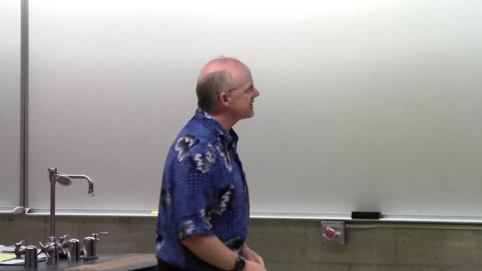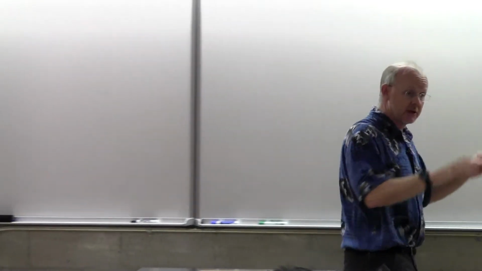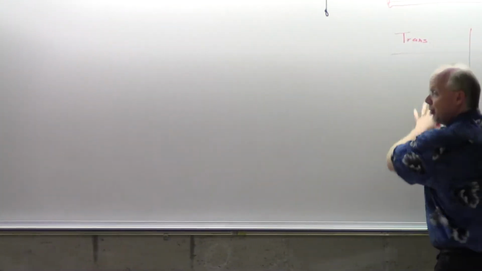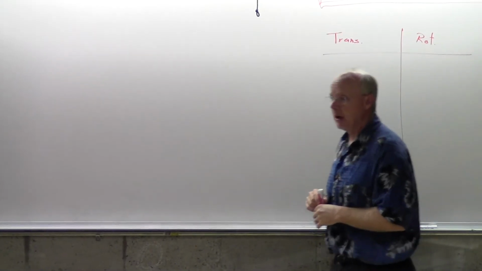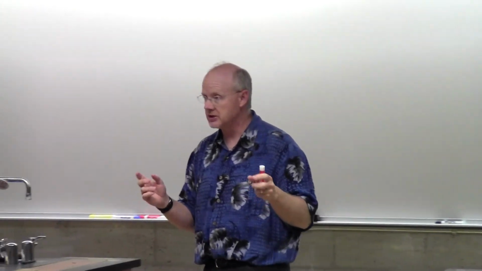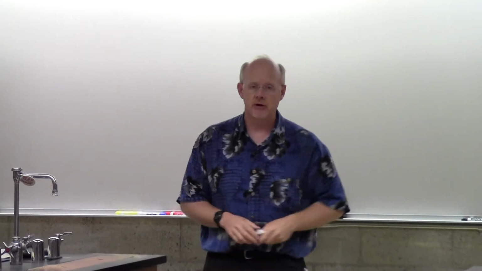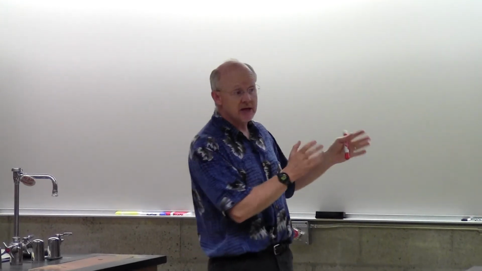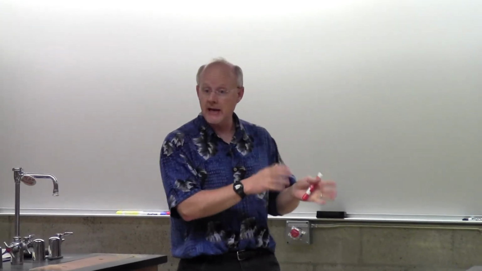I did want to say this as I got started. As I was looking back, I realized we've been making this long chart for the last 2-3 weeks, comparing translational motion with rotational motion. This was the idea of Chapter 10 mostly, but then carrying over here into Chapter 11, that everything we did for translational motion we now repeat.